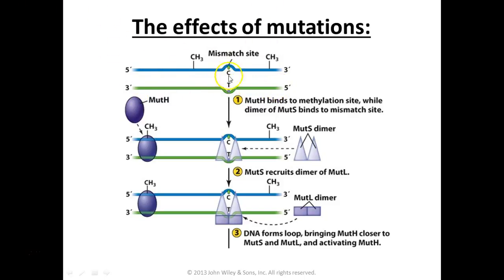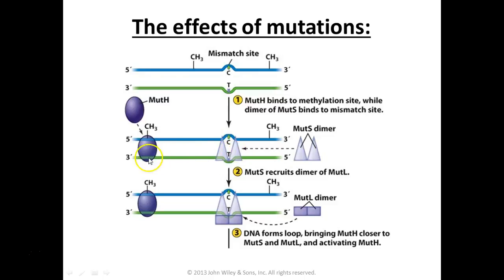Except DNA polymerase, look, he made a mistake right here. Are C and T supposed to go together? No. What's supposed to be there? G. And he did catch his mistake; he's down the line, working. Before this gets methylated, other enzymes come along and check the code.